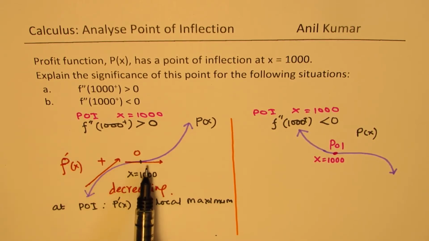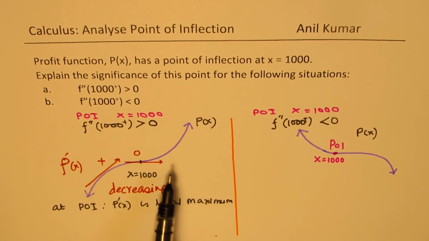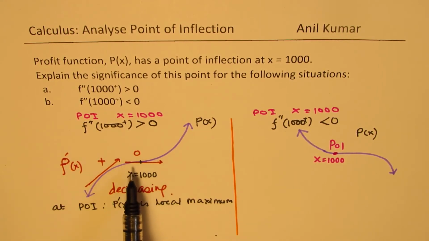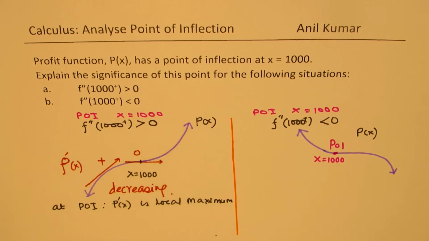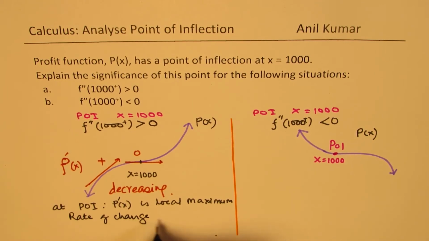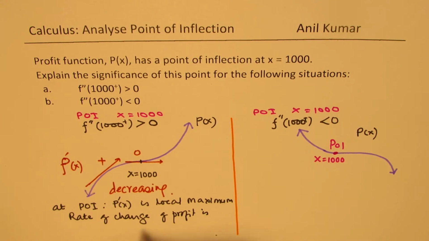And at this point, it is a local maximum for the derivative, right? So in this vicinity, the rate of change of profit is maximum. So we can say the rate of change of profit is maximum.